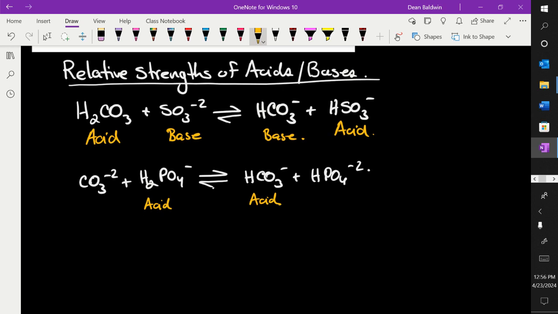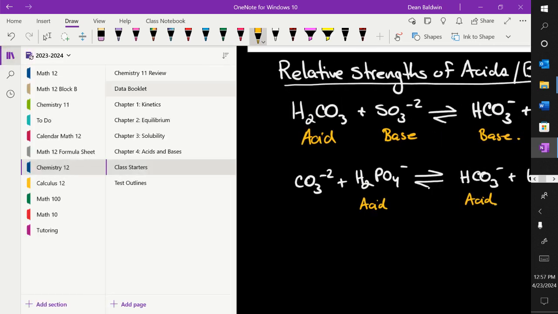So what you have to ask yourself is, because we set up a battle between the two acids. Okay, we have this acid pushing this way, this acid pushing back this way. So you have to ask yourself which acid is stronger. Okay, so then you go to your data booklet. What do we got?